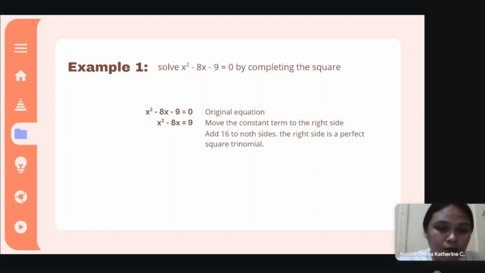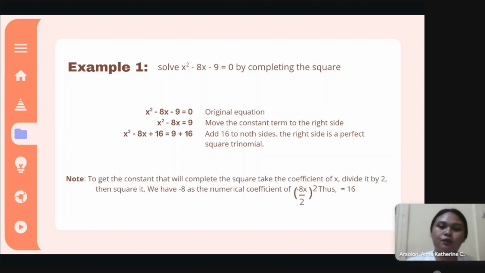And then we add 16 to both sides so that the left side is a perfect square trinomial. Let's take note that to get the constant that will complete the square, we take the coefficient of x. As I said earlier, we need to complete the left side first, the perfect square trinomial.